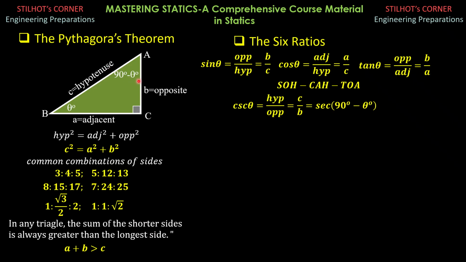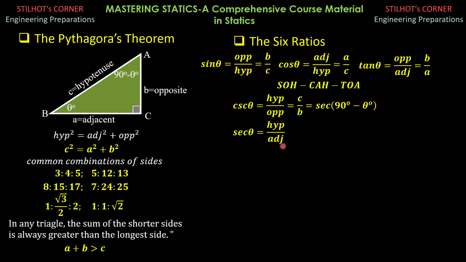And that is equal to C, hypotenuse over opposite. Secant of 90 degrees minus theta is hypotenuse over B. So hypotenuse over B, C over B.